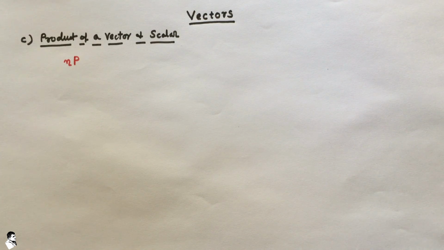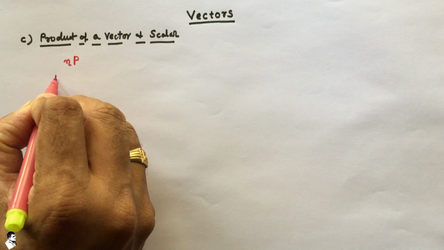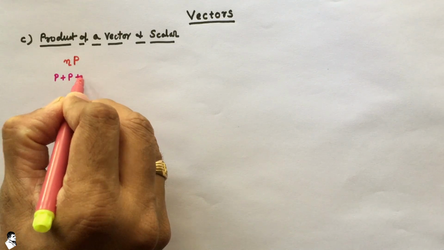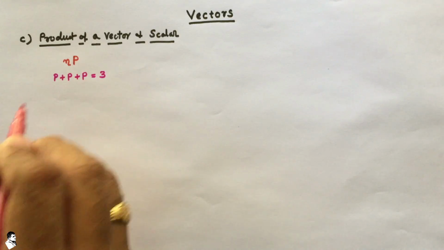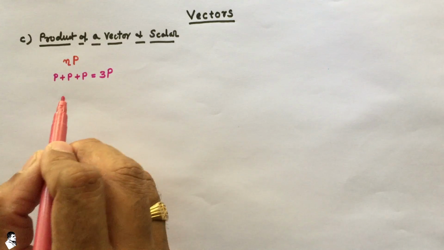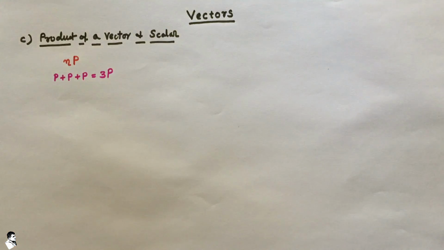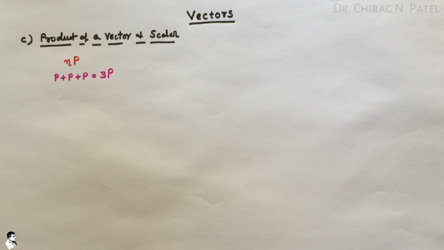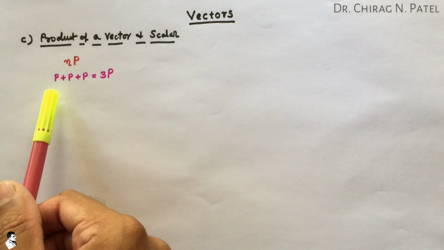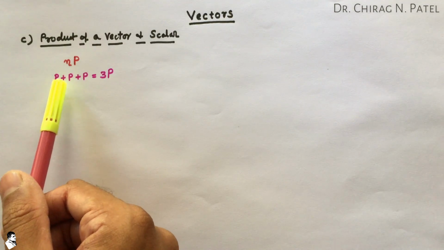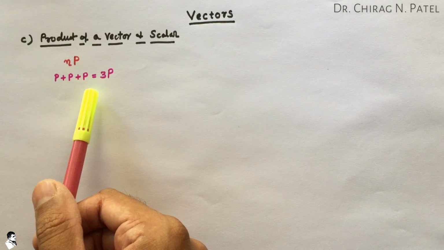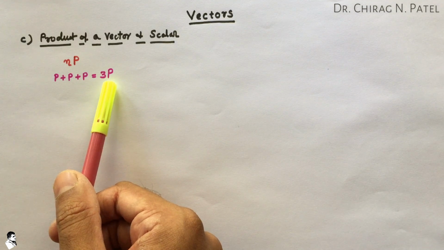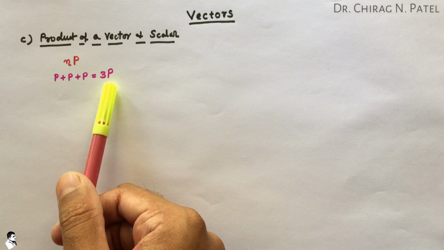Thus a vector P plus P plus P equals 3P. So 3 is an integer value and P is a vector with magnitude and direction. So here we can tell that the direction of these three vectors is that given by the P vector.